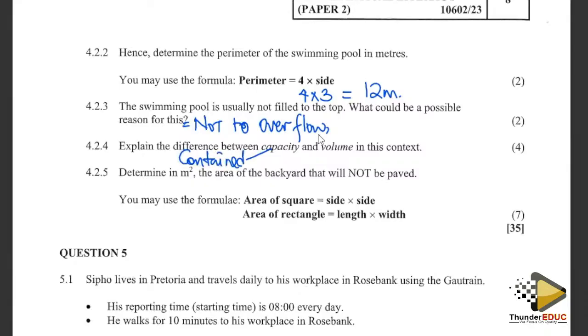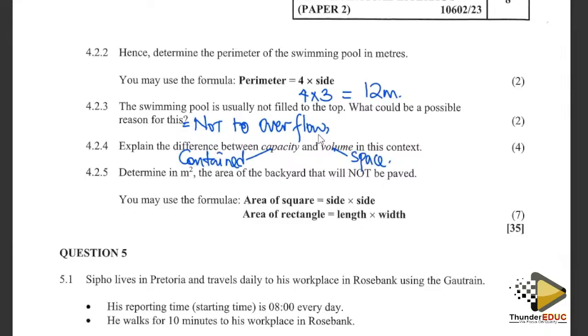How much can be contained in a given object or given container. Then volume is the space available.